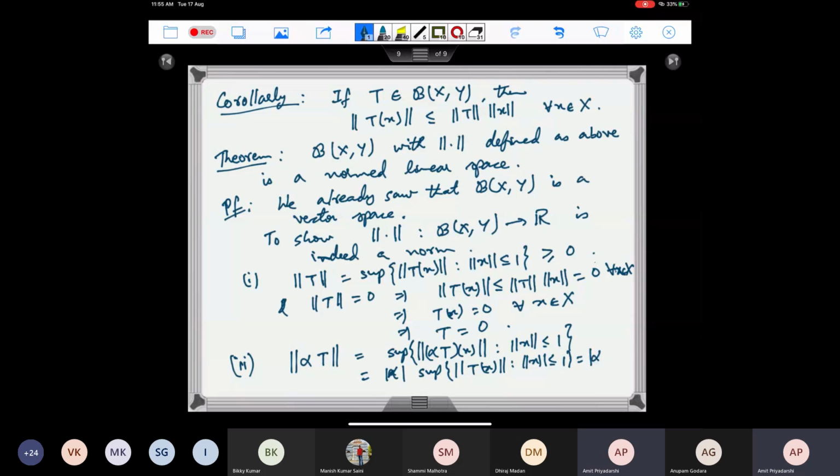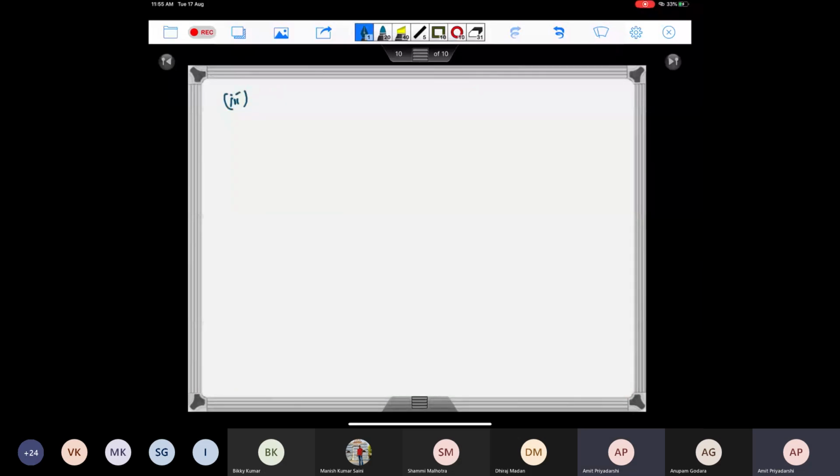The third is the triangle inequality. If T1, T2 are bounded linear operators from X to Y, then we look at T1 plus T2 of x. This is equal to T1x plus T2x.